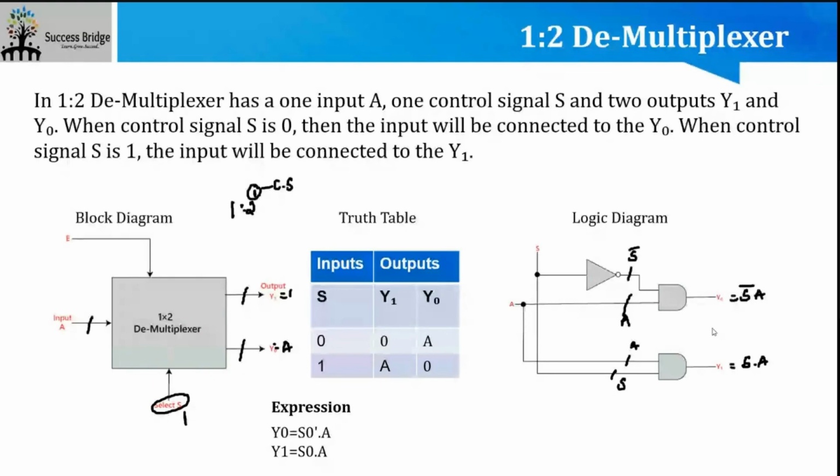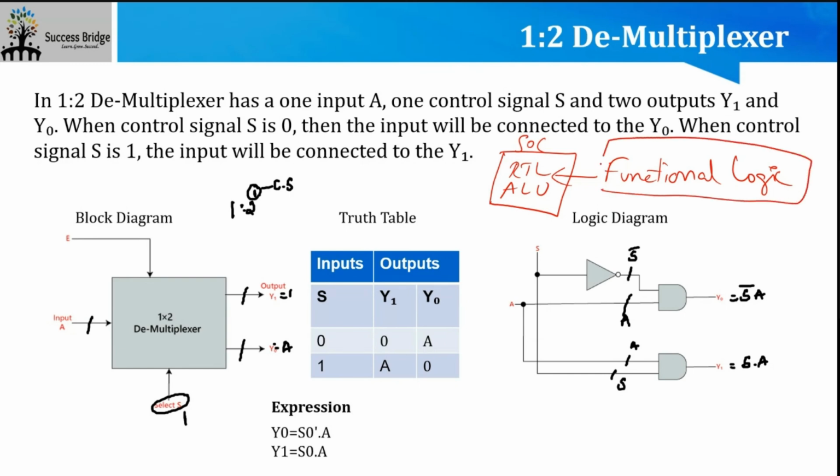Okay, so DFT doesn't bother about the functional logic. So in your SOC design, the RTL code has been written for the entire processor, entire ALU, everything, all the modules. Okay, this is the functional logic written by the RTL engineer.